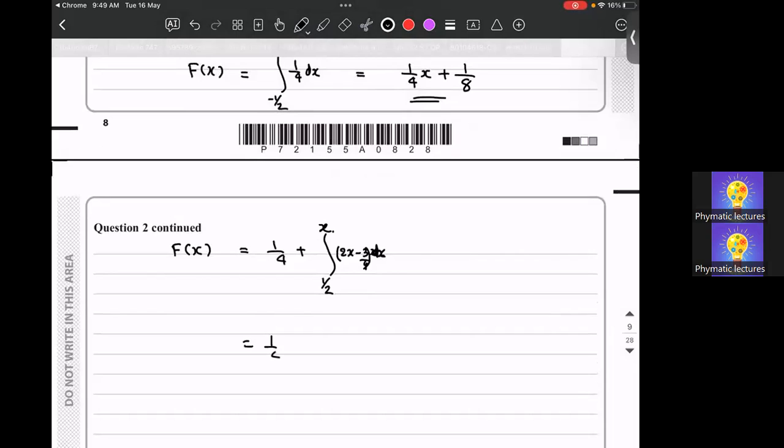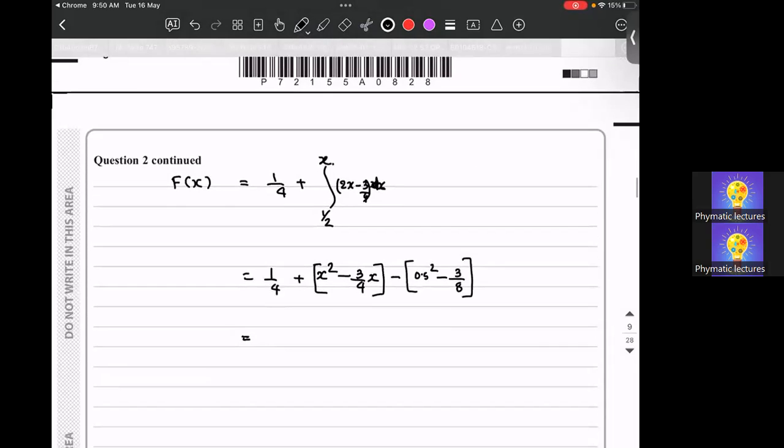So 1/4 plus x square minus 3/4 x, that is upper limit, minus 0.5 square, because x square, 0.5 square, minus 3/8.